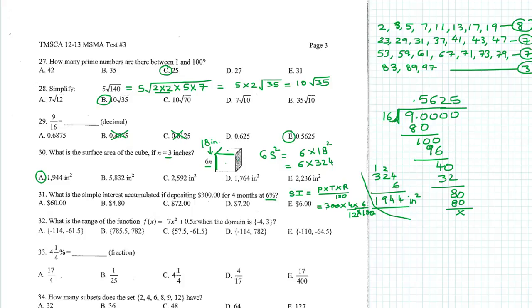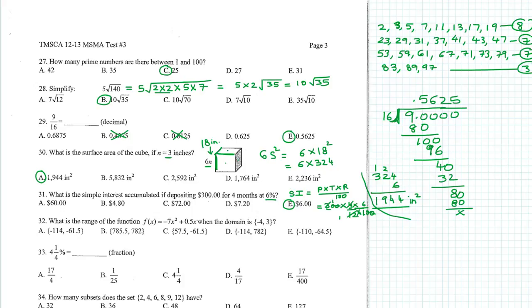And then 3 times 4 is 12, and then we have 12 in the denominator, so we can cancel this. So 12 over 12 is 1. And what's remaining in the numerator is the number 6. So the interest that is accumulated is $6. So E is the correct answer.